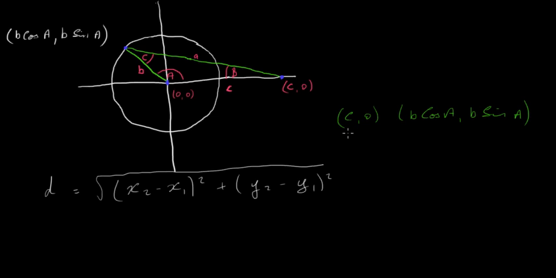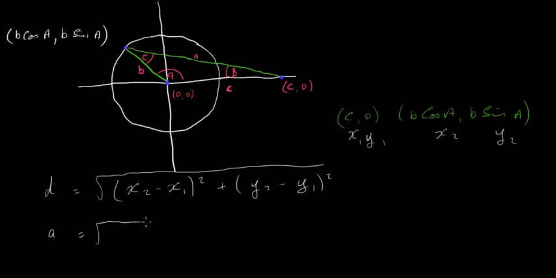Let's say this is x1, y1, this is x2, y2. Okay, so let's just stick these into our formula then and see what we end up with. Now the distance that we're looking for here, remember, is the distance between this point and this point here. And we know the distance between these 2 points is the distance a. So this is our a here.